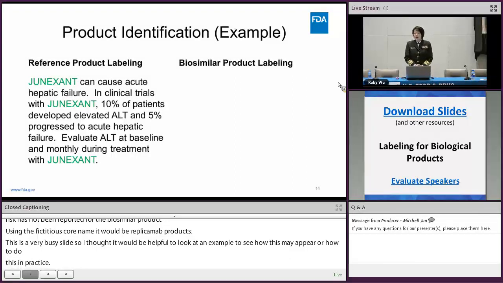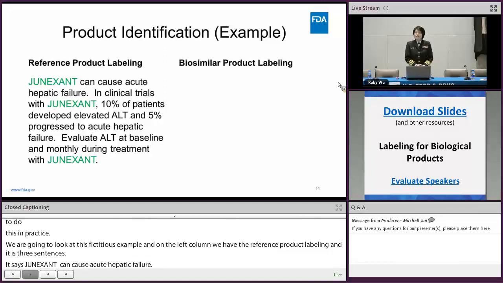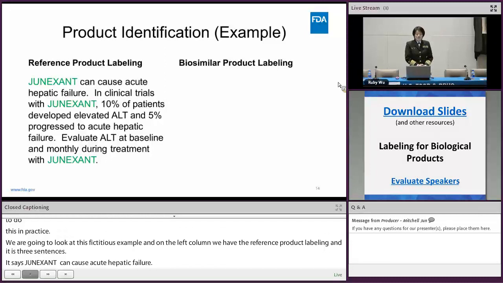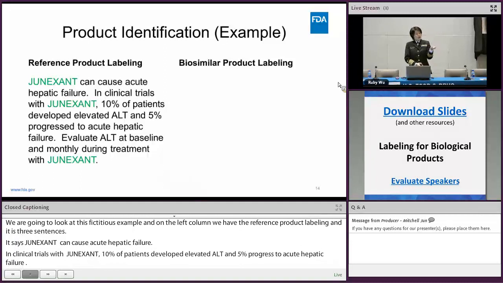In clinical trials with Junexant, 10% of patients develop elevated ALT, and 5% progress to acute hepatic failure. Evaluate ALT at baseline and monthly during treatment with Junexant. So this is how the labeling would appear in a fictitious reference product labeling.